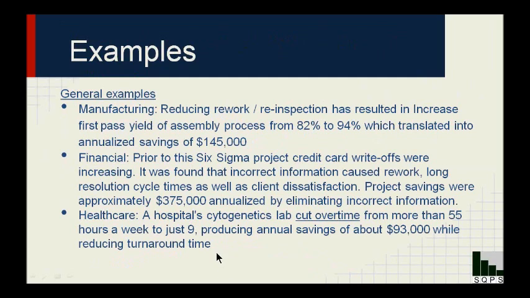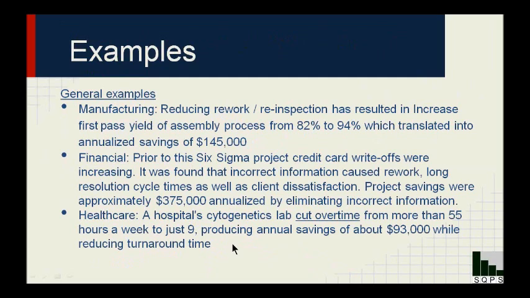Credit card company, this is what they saved based on making sure that the correct information was there, so they didn't have to do write-offs. So that saved them about $375,000 a year.